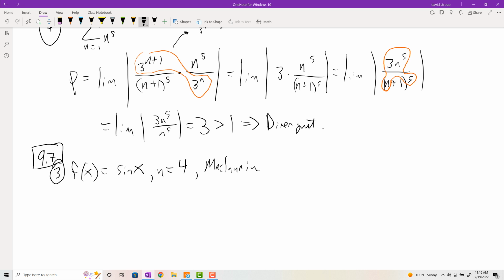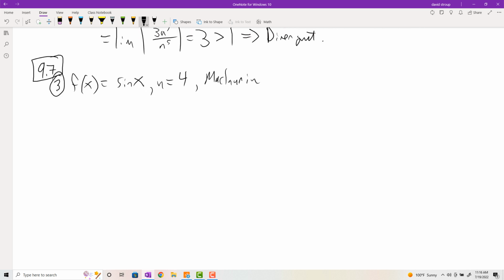So first you do your columns of information. I need to go up to the fourth derivative because I need degree 4. Whatever the n value is, that's how far you go in the derivatives. Then you need to evaluate all the derivatives at 0 because we're looking for Maclaurin.